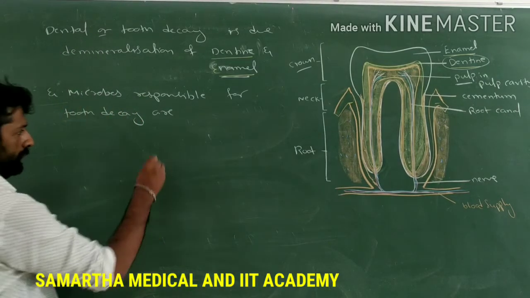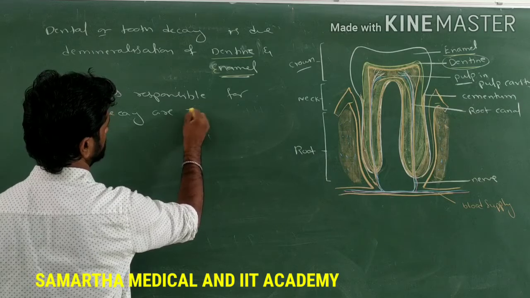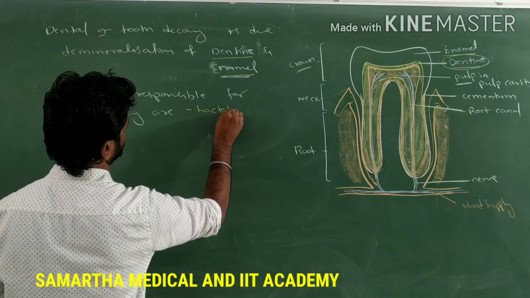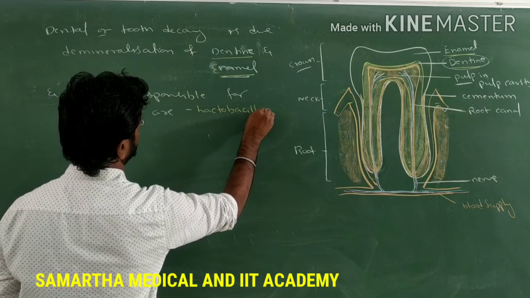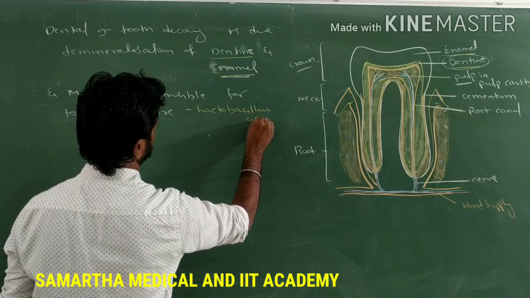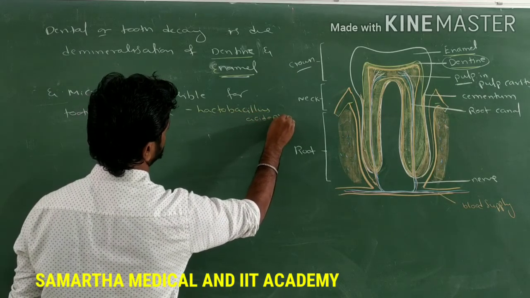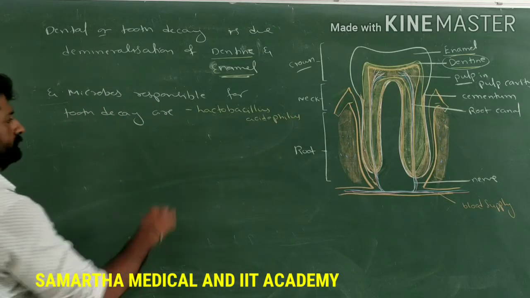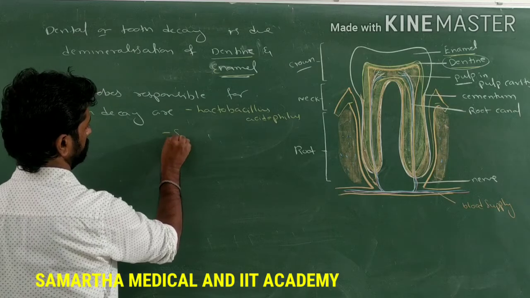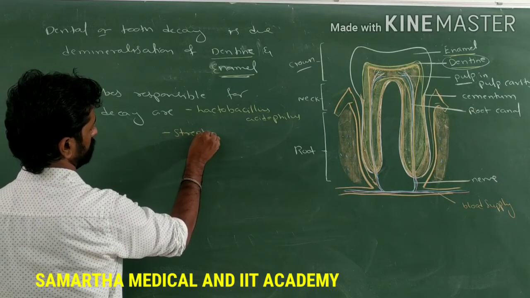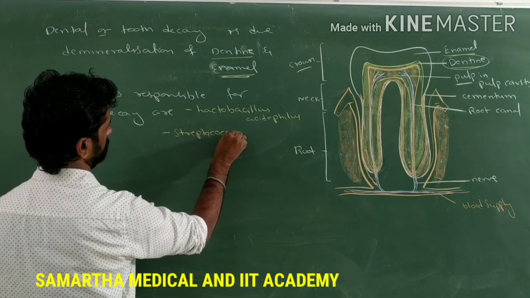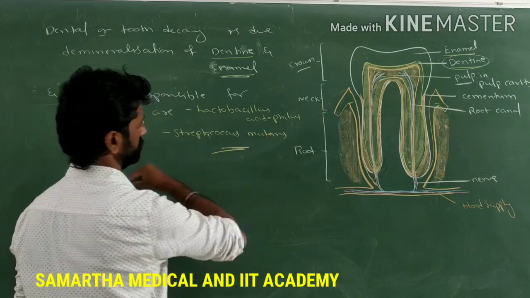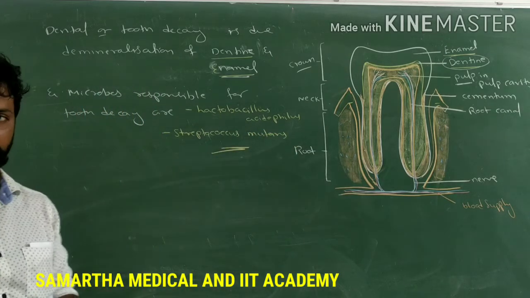The first one is Lactobacillus acidophilus. The second one is Streptococcus mutans. So these two are the bacteria responsible for tooth decay.